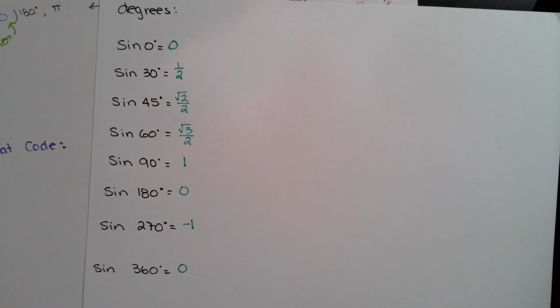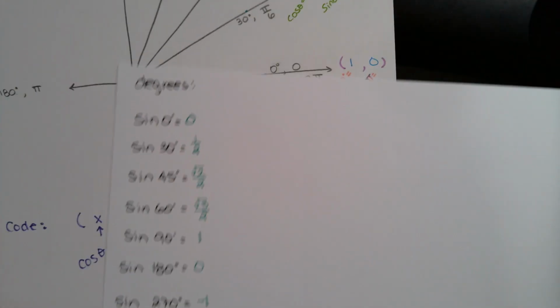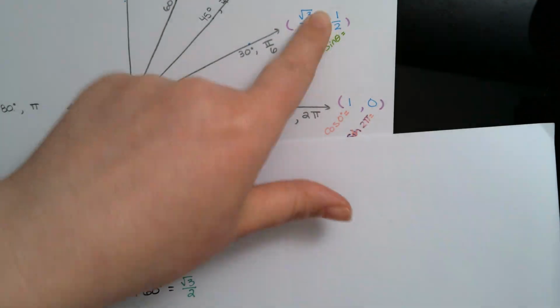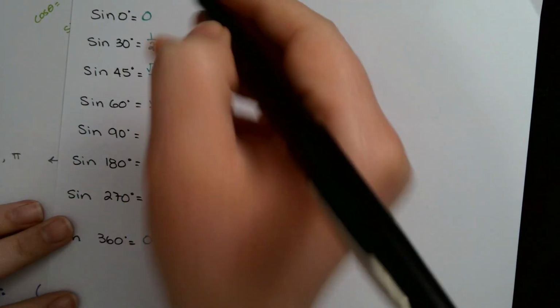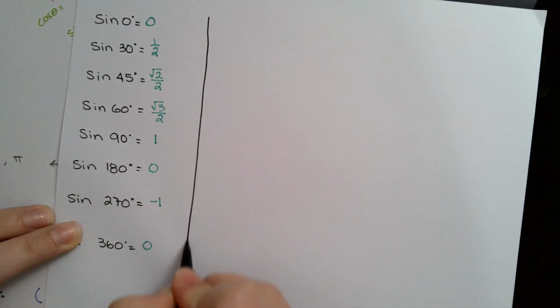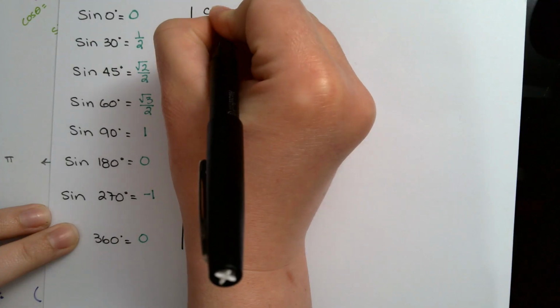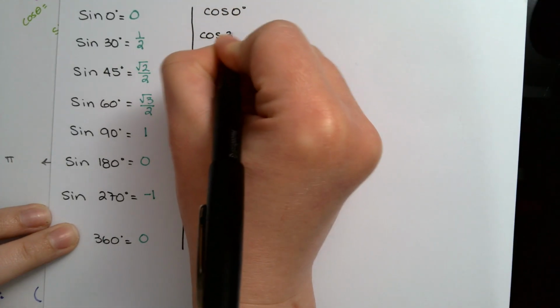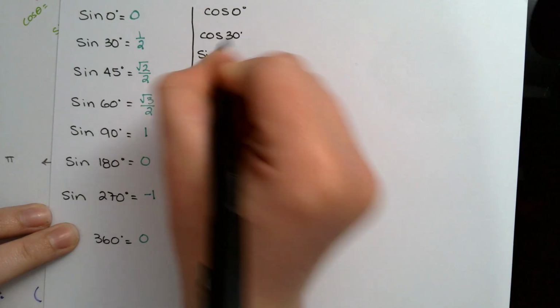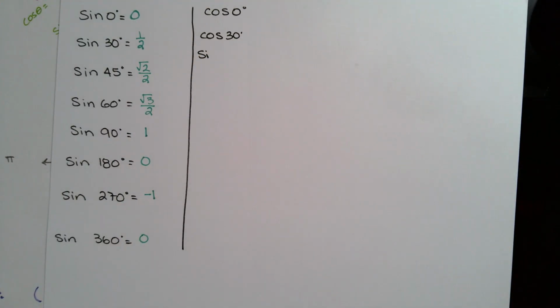Again, where did these values come from? They came from the y location of your point on the unit circle. Now let's do cosine. Cosine is going to be the x location. So I'm going to copy this out. Cosine of 0, of 30, oops, not sine, cosine. We're doing cosine.